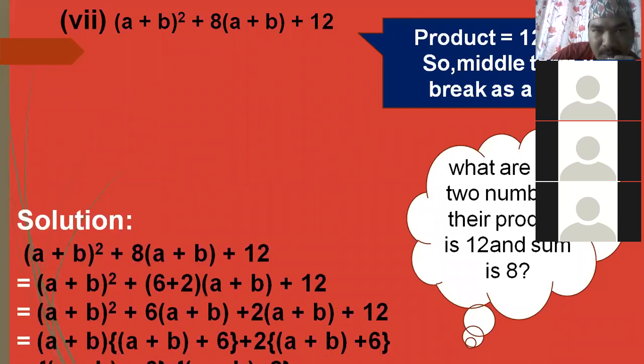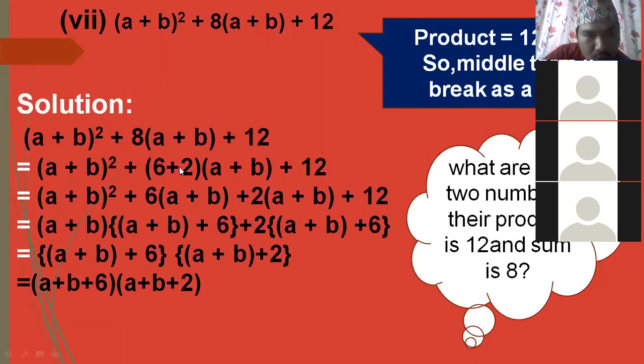Middle term is like this, you have to break 6 plus 2, so 6 into A plus B, and this 2 into A plus B. Here also how many terms? Look here. These two terms, one group, this last two terms, another group, make and take common. Okay, children.